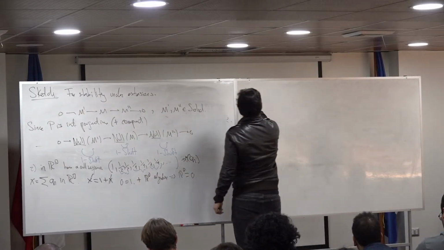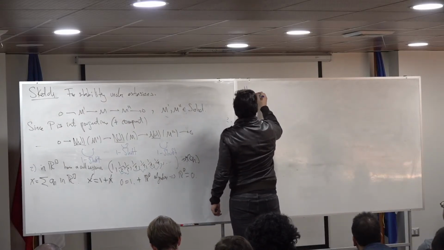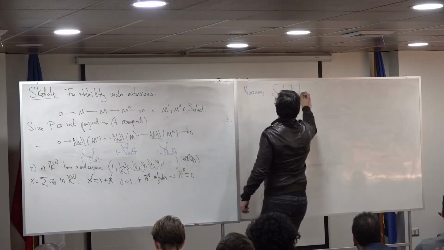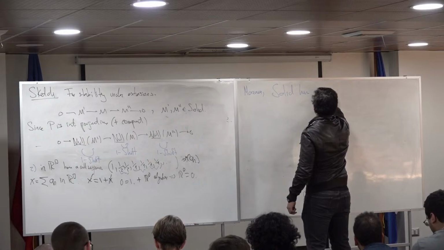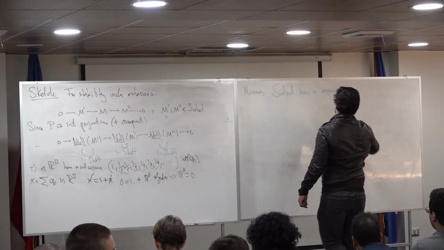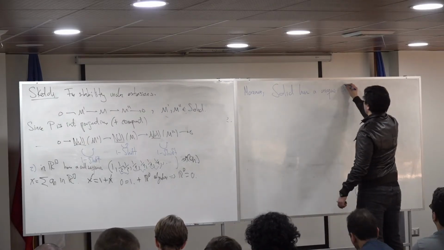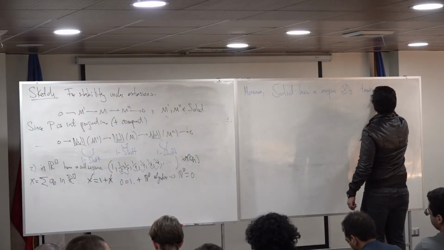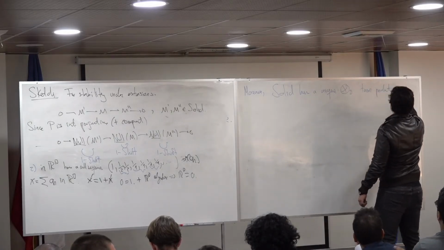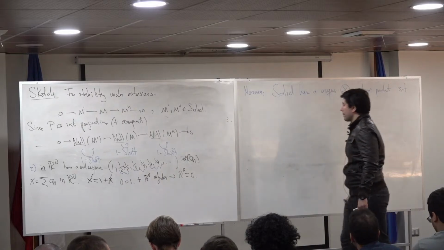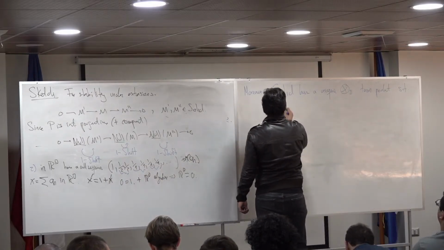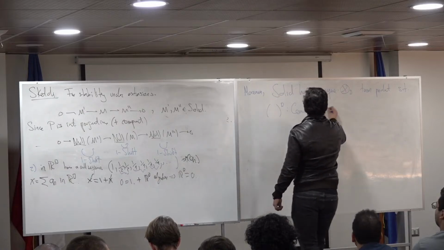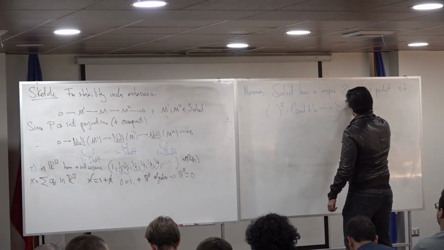So moreover, this category has a unique symmetric monoidal tensor product structure, making this functor symmetric monoidal.